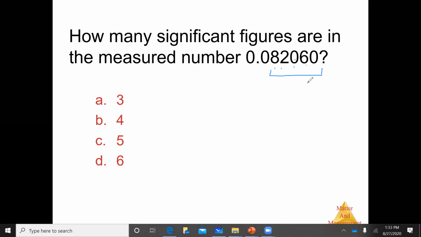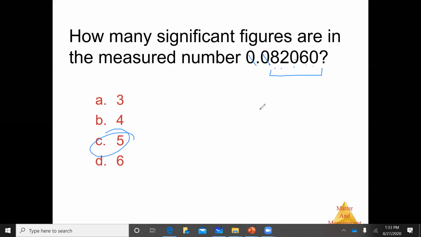It's a chain of precision. We know that zeros that sit in the front of our base number are not significant. Those are just placeholders. They're just letting us know how big or small it is in reference to the decimal. This 0 over here comes after the decimal, and it comes after the base number. So we're going to say that that's also significant. So 1, 2, 3, 4, and 5.